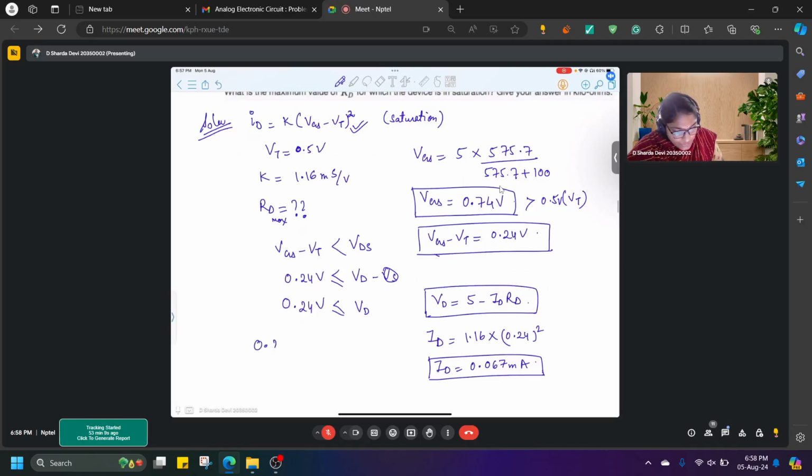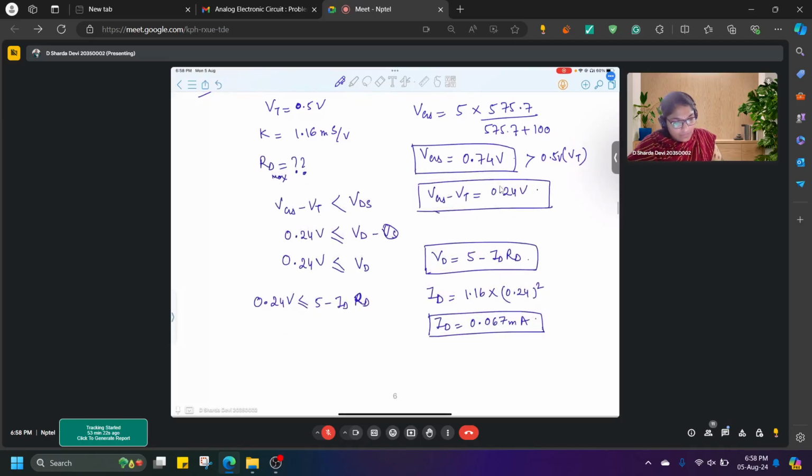Now 0.24 volts is less than or equal to 5 minus ID RD. So for RD max, for the maximum RD condition, your 0.24 volts should be equal to 5 minus ID RD to keep it in saturation.